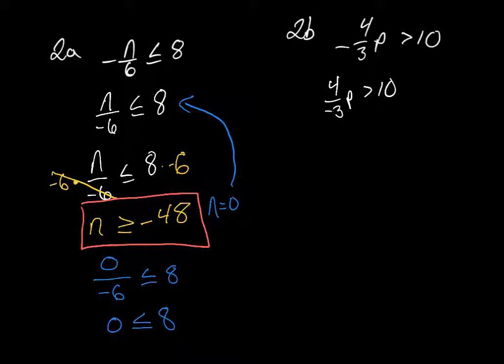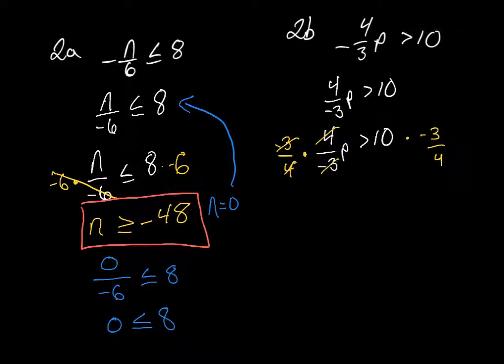To solve for this, I have to multiply both sides by the reciprocal because I'm not going to divide by a fraction. And so I'm going to multiply this side by a negative 3 over 4.